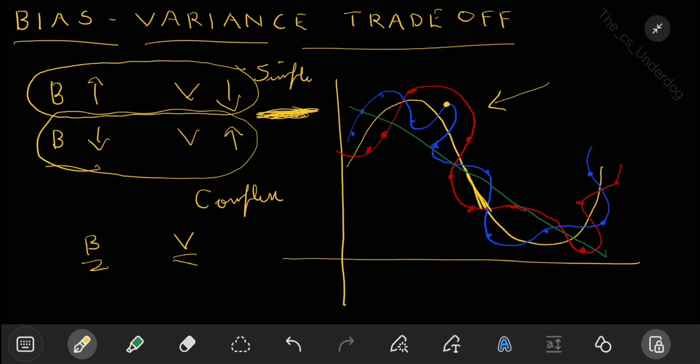But why are you preparing this model at all? Why are you making a linear regression model or any model for that sake? The reason you're making that model is that when you give any new data sets, the model should be able to predict correctly. So for that, the model should not underfit, it should not overfit. That's where the bias variance trade-off becomes important.